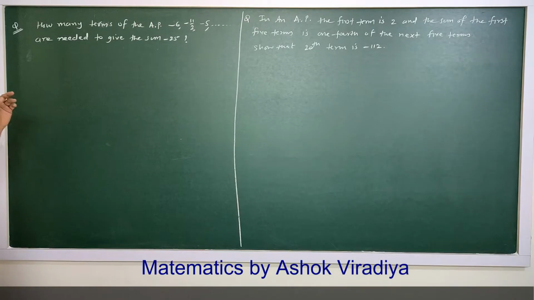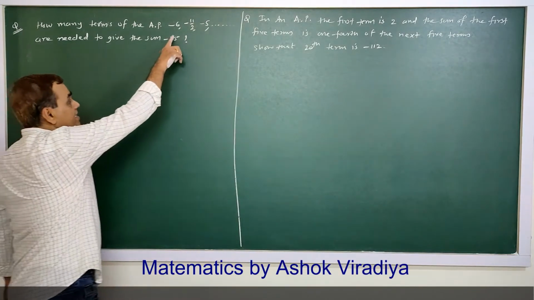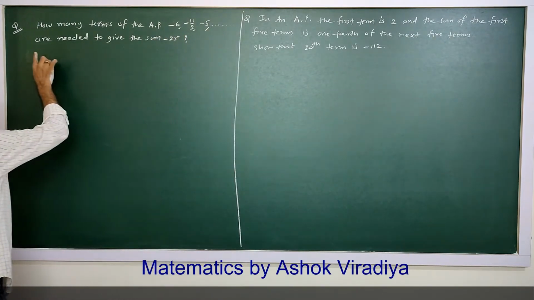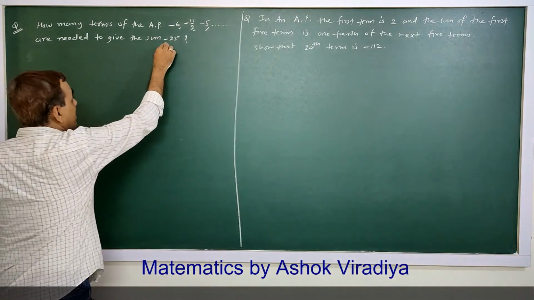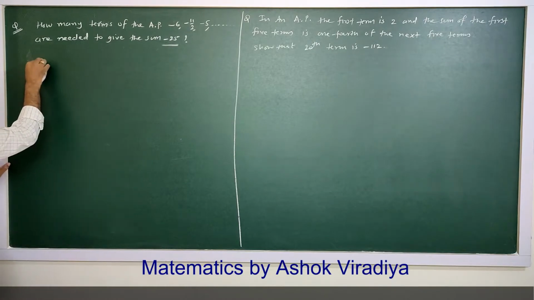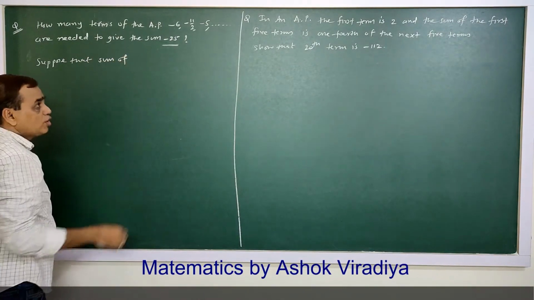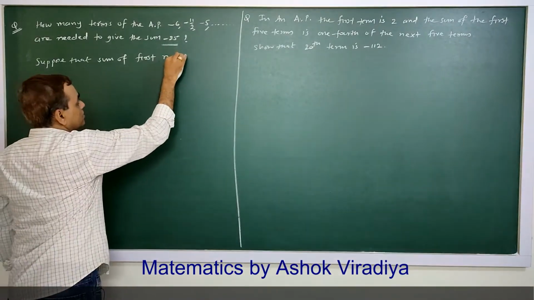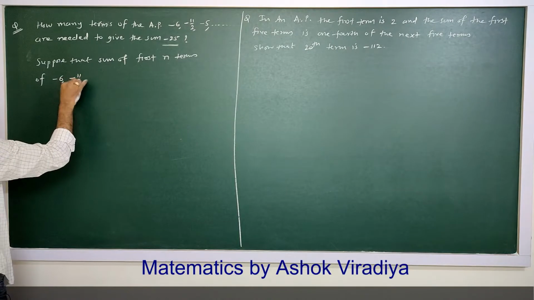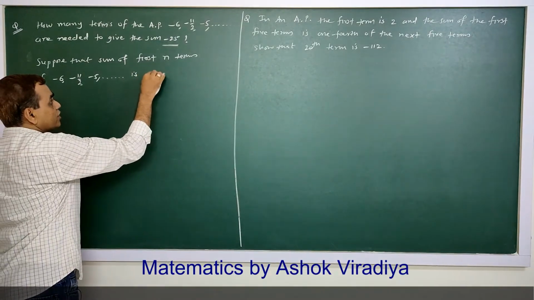98450. How many terms of the arithmetic progression -6, -11 by 2, -5, and so on are needed to give the sum -25? So we suppose that the sum of the first n terms of the sequence -6, -11 by 2, -5 is -25.